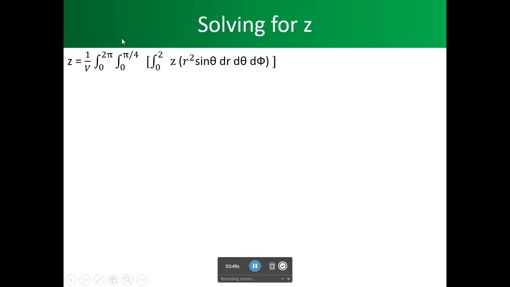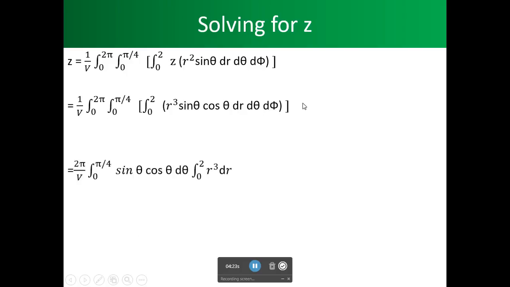The limits are the same. We have to multiply by 1 over the volume, and we multiply the dV by z, and dV is r squared times sine theta dr d theta d phi. When we substitute for z, r times the cosine of theta, we get r cubed sine theta cosine theta dr d theta d phi.